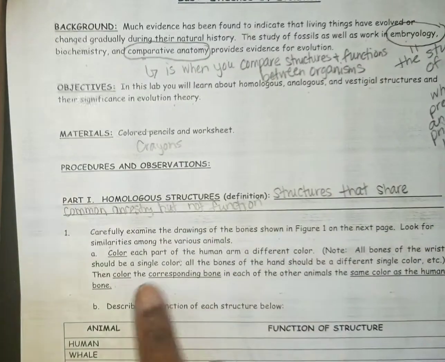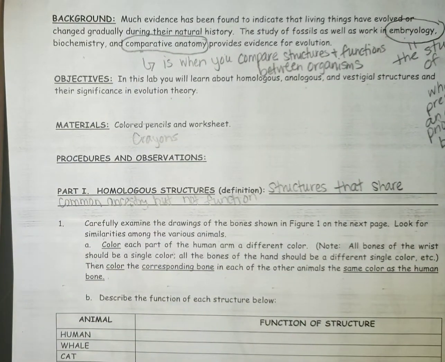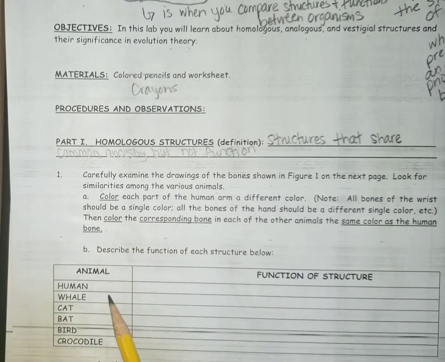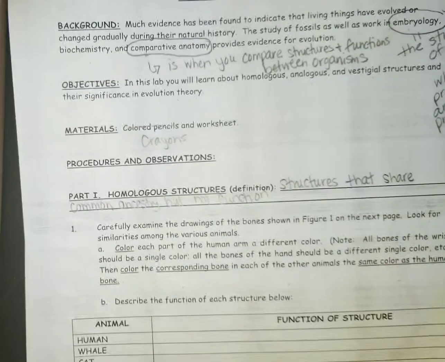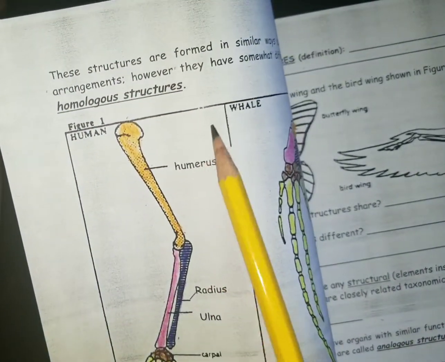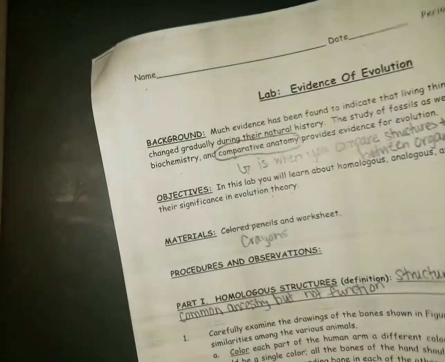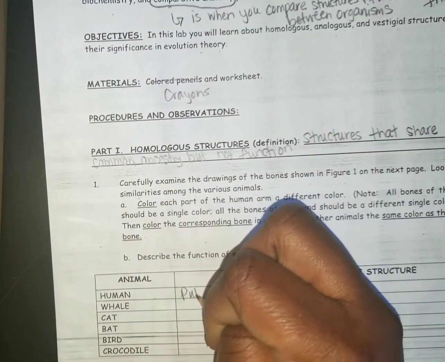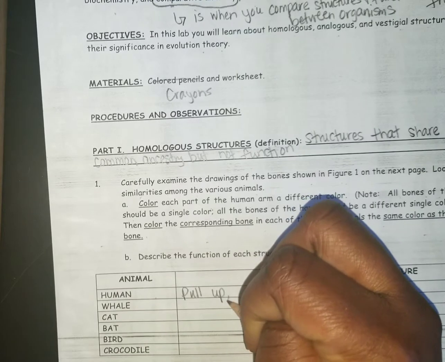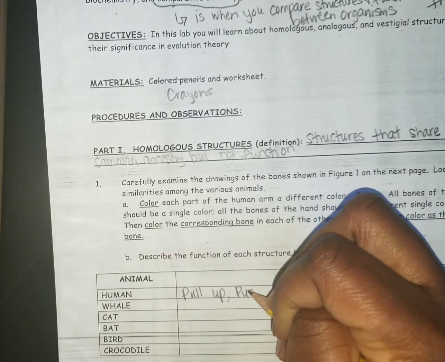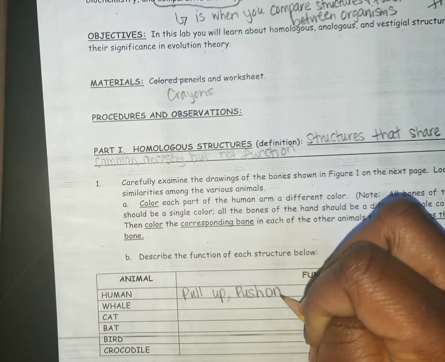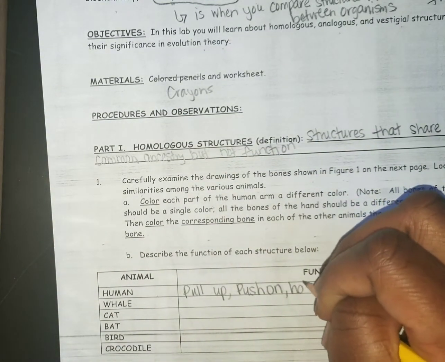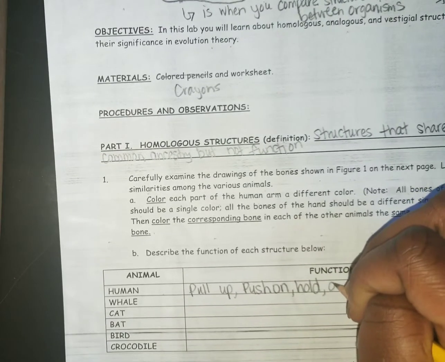So we've done 1A, which is coloring. Now 1B says, describe the function of each structure below. In a human, what is the function of the arm? We can say to pull up, to push on something, to hold, grab.